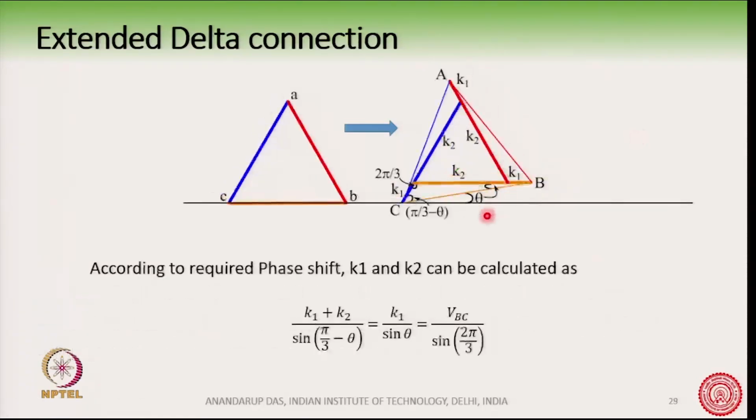Okay. So, you can find out similarly the values of K1 and K2, as you can see here. Again we can follow the sine formula and find out what values of K1 and K2 are required to produce the desirable phase shift.